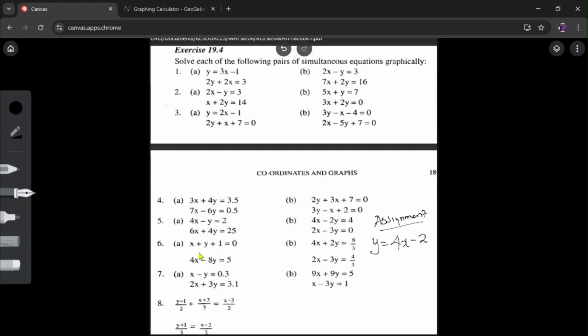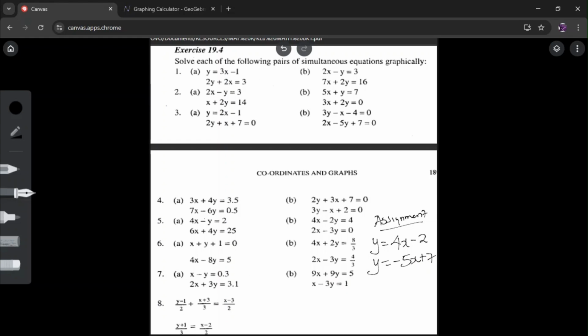The second one, I'll pick from number 2b: y equals negative 5x plus 7.